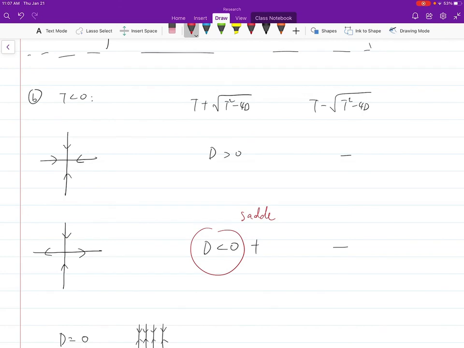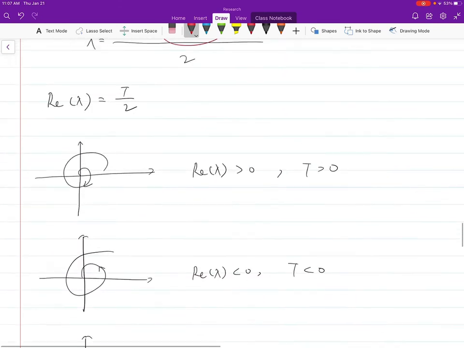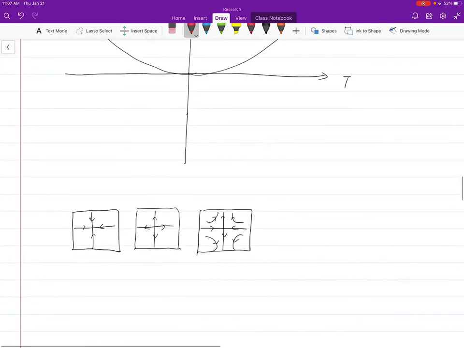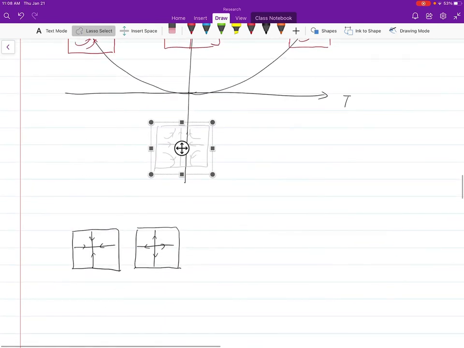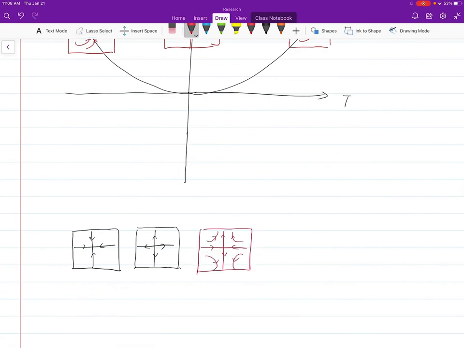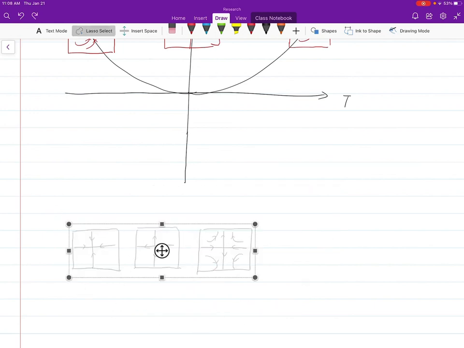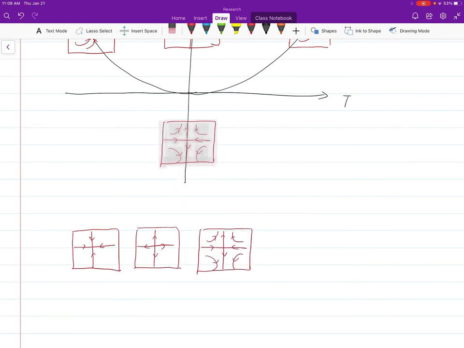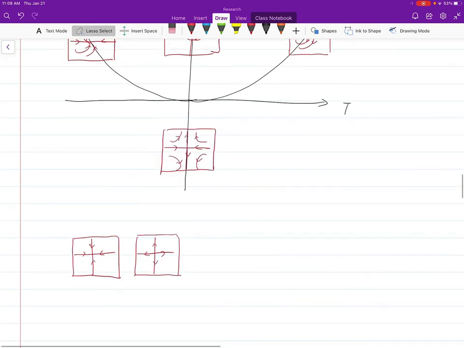If t is less than 0, as long as d is less than 0, you also have a saddle. So everything below d equals 0 is going to be a saddle. Doesn't matter which t you have, you will always have a saddle, as long as your d is less than 0. No matter what.